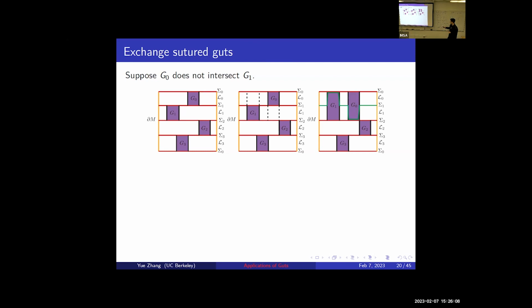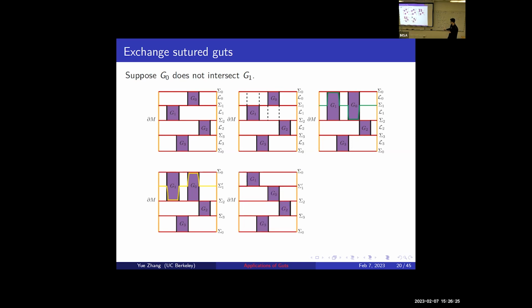The original surface is like this. This is sigma 1, and then you change this part to the bottom, and change this part to the top. You have this new yellow surface sigma 1 prime, and if you push this back, you still have sigma 1 prime, but now you have moved G1 to the top and G0 to the bottom.